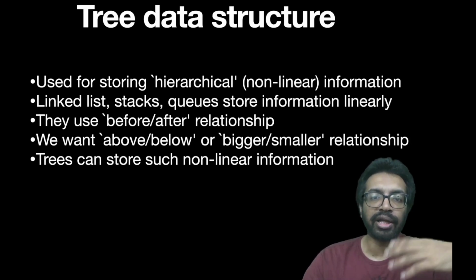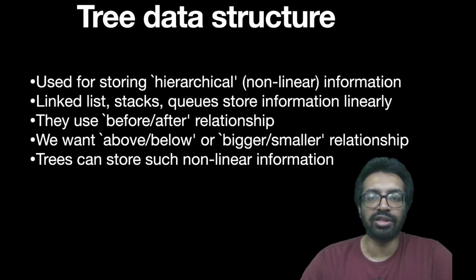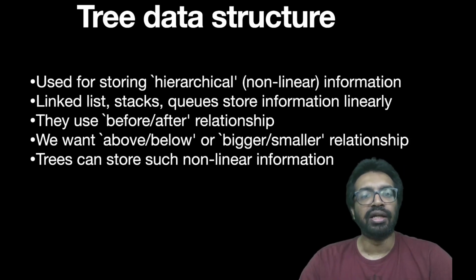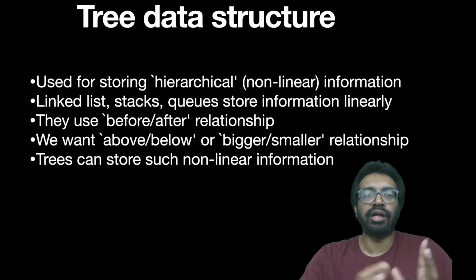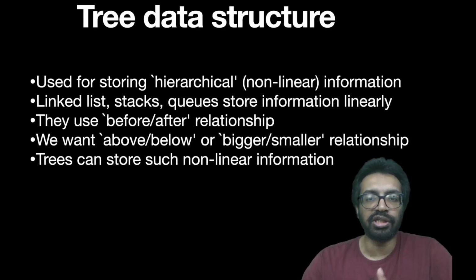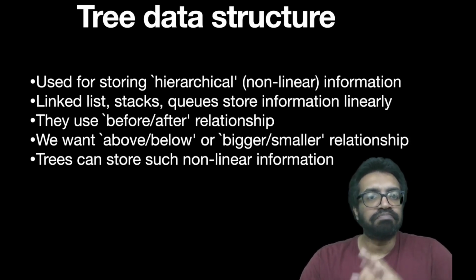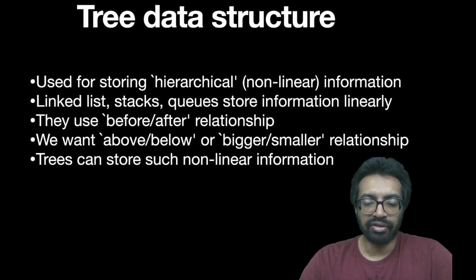An above and below relation, a bigger smaller relation, or a parent child relation are not linear relations, these are non-linear relations. We want a data structure which can store such information, and trees help us. For this reason, trees are a very important data structure.